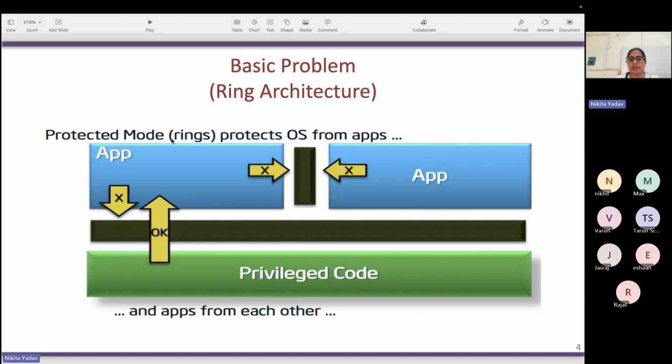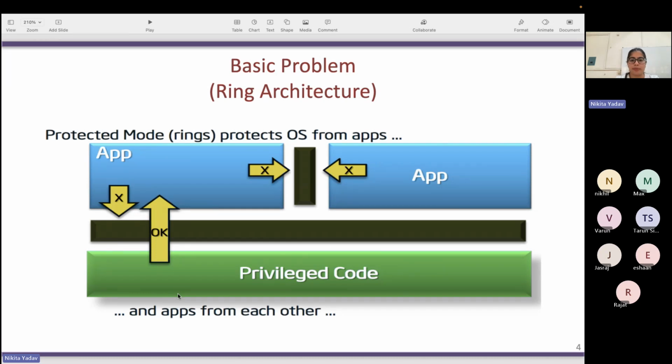Here the OS is running in ring 0, applications running in ring 3, and usually the two rings in between are not used. So this is how the applications are isolated and the OS is isolated.